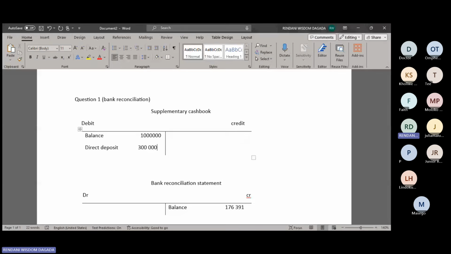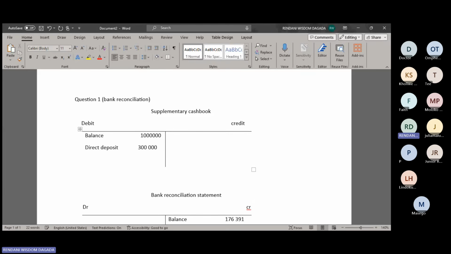When we talk about interest, we are talking about something that is positive. Why is the interest positive? It's positive because the balance is also positive. So if you have a positive balance, the interest will also be positive. So this interest is also going to come on the debit side of the supplementary cash book because it was missing, 29,000.